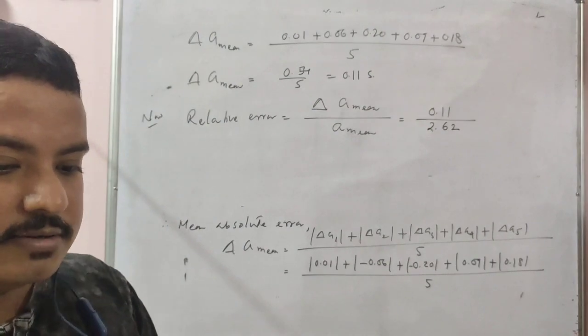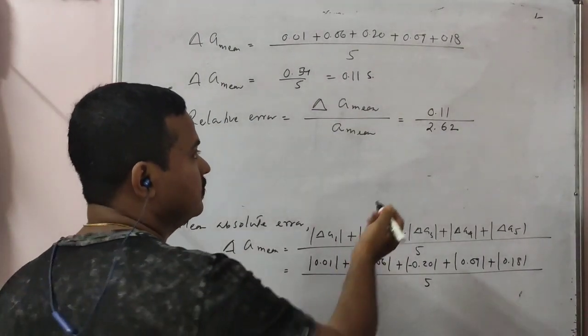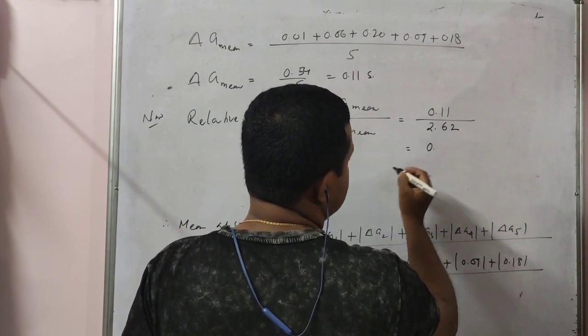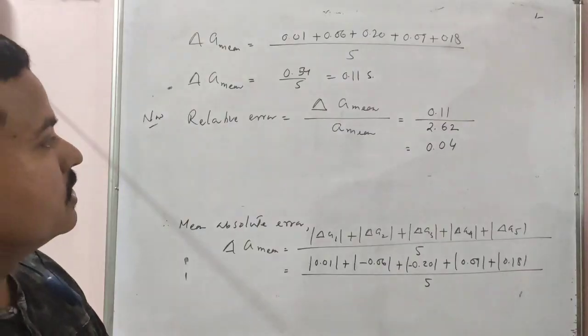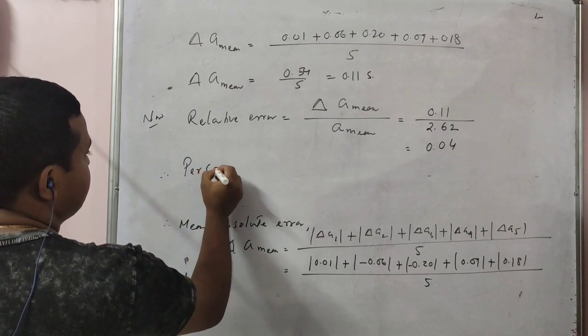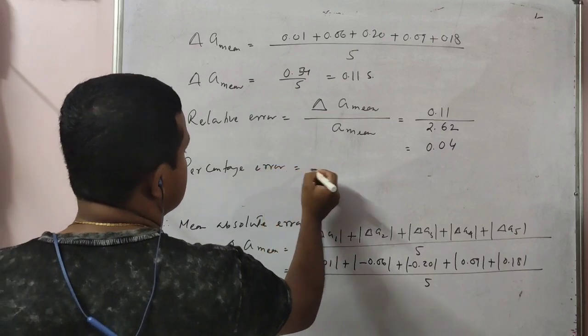If we divide 0.11 by 2.62, it comes to be around 0.04. Okay, you just divide, it will be 0.04 around. Therefore, percentage error means what?